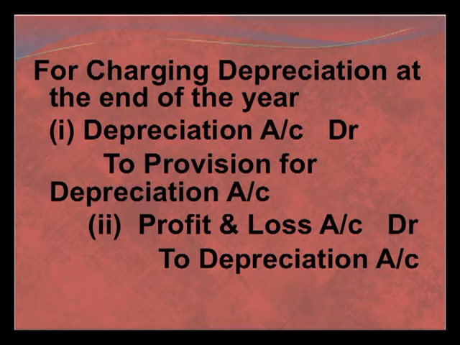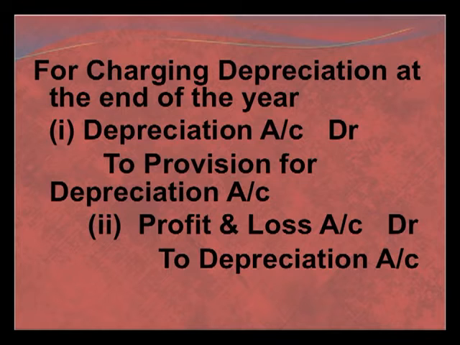We do not transfer the depreciation to asset account. The asset is maintained at the cost price, but the depreciation is transferred instead to another separate account, which is depreciation debit to provision account, and then this depreciation is transferred to profit and loss account by passing the entry profit and loss account debit to depreciation account.